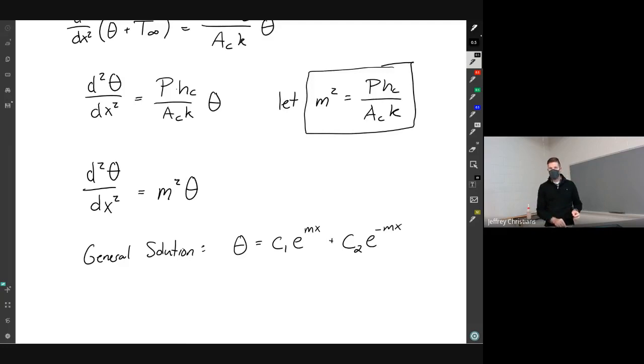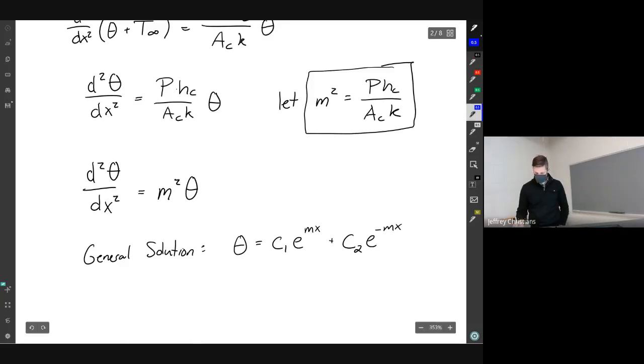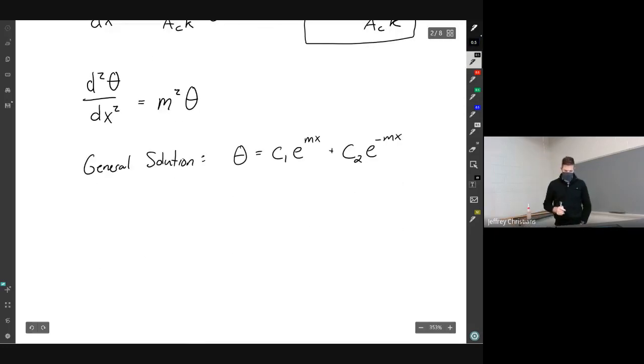This time minus m comes down, and then minus m comes down again, so you get the exact same thing. So we got it in a way that we already know the answer to, which is always the best way to do math, especially calculus. Okay, so this is our general solution.